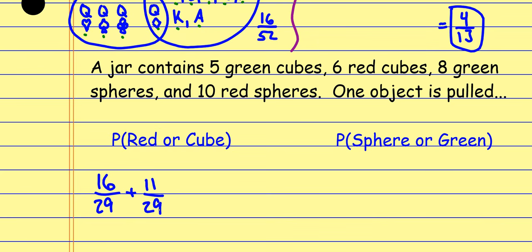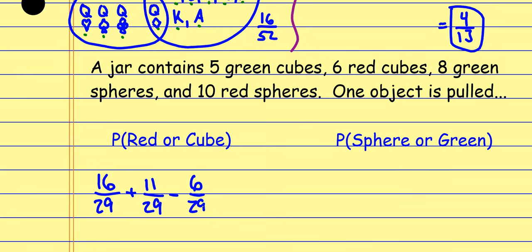But see, what's happened is as I counted the red objects, I counted the red cubes, and then as I counted the cubed objects, I also counted the red cubes. So those 6 objects have been counted twice. They got counted as part of the 16, and then they got counted again as part of the 11. So what I have to do is subtract the overlap, which is the 6 out of 29.